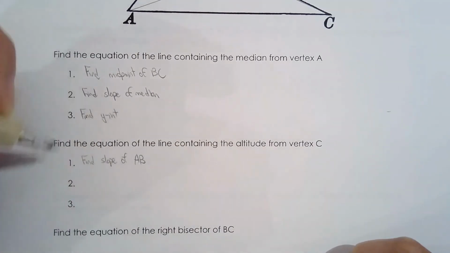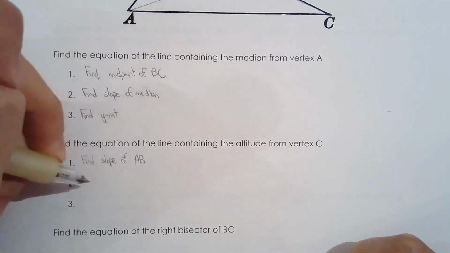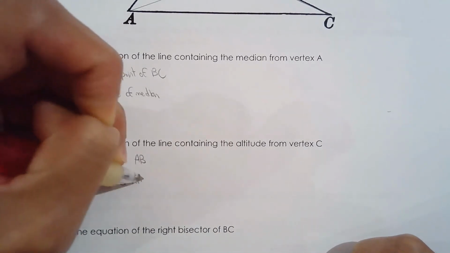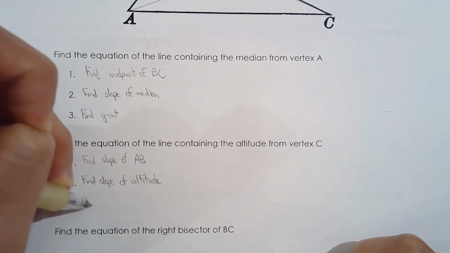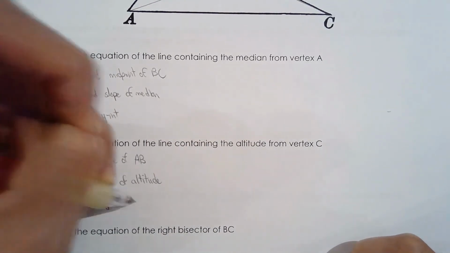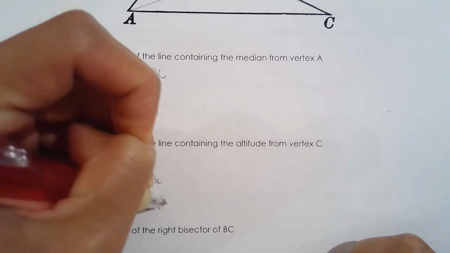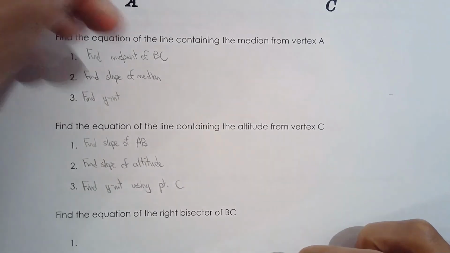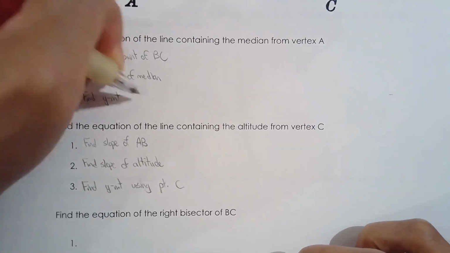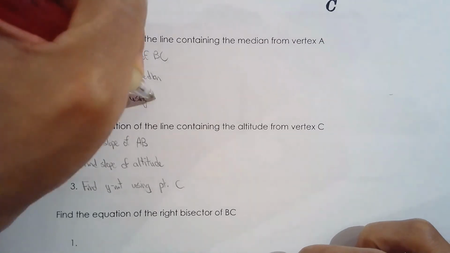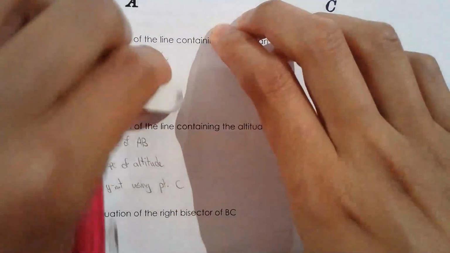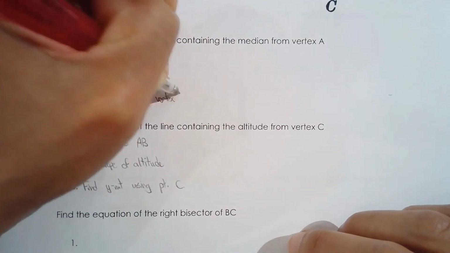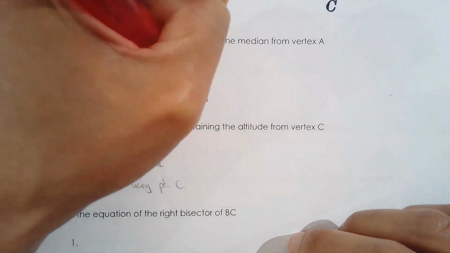So I don't even know if I consider that an extra step, but find the slope of the altitude, and then find the y-intercept using point C. For the first one, you can say find the y-intercept using, instead of saying point, say vertex A or the midpoint of BC.